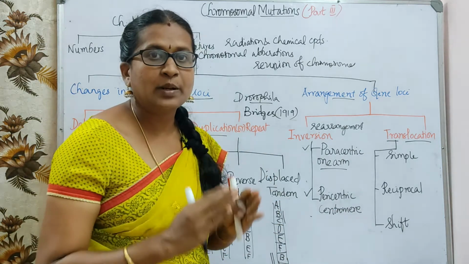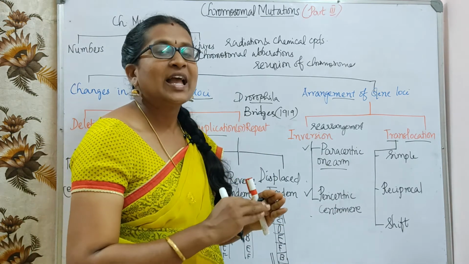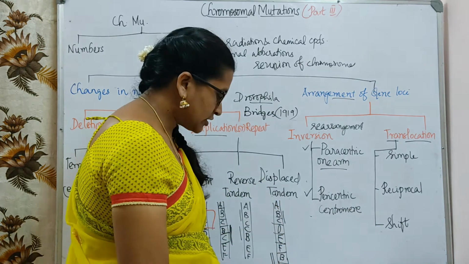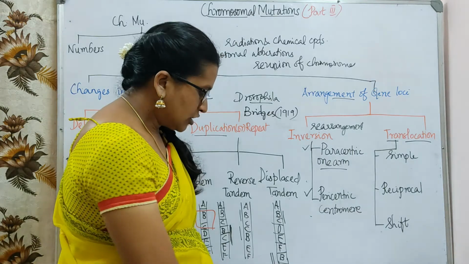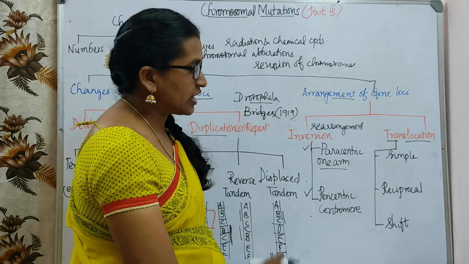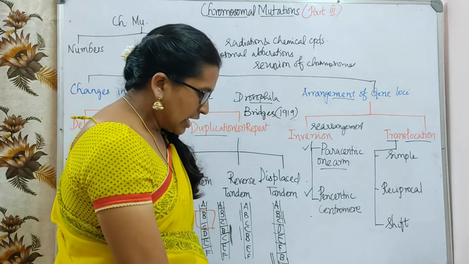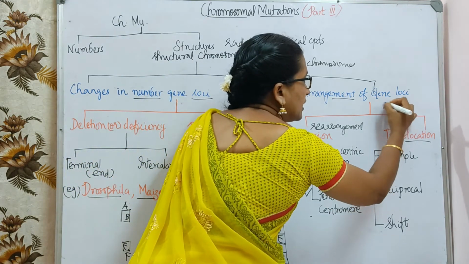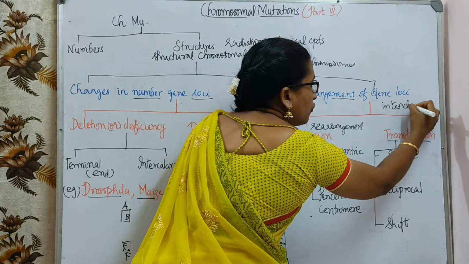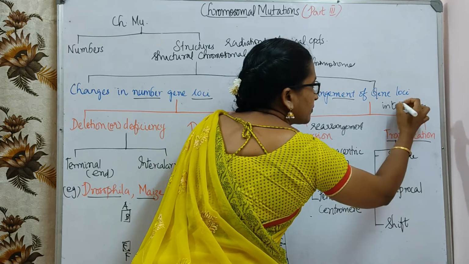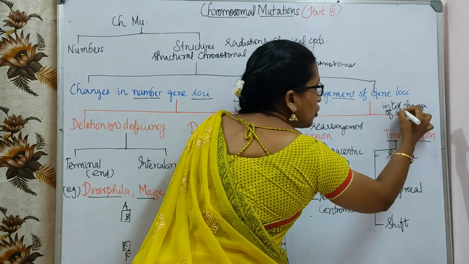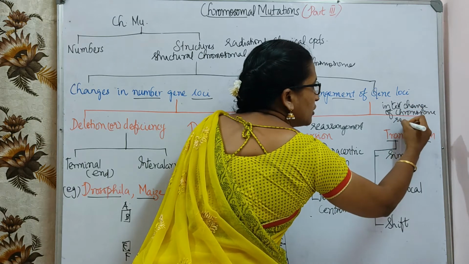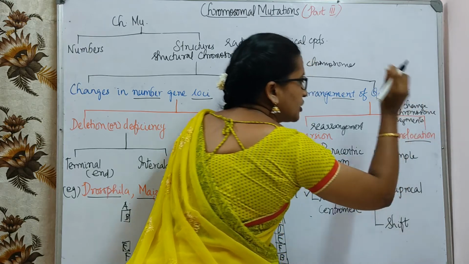A small break in that particular chromosome, and then it is going to join with another chromosome, which is called a translocation. We can shortly tell this as interchange of chromosome segments, which is called translocation.